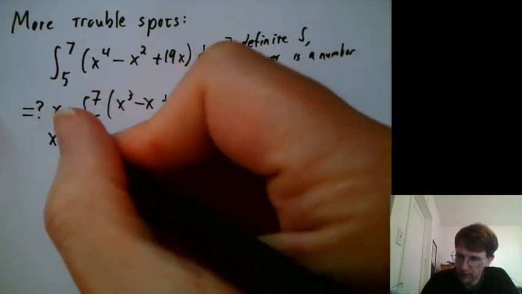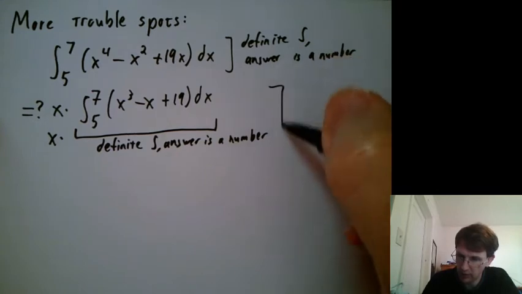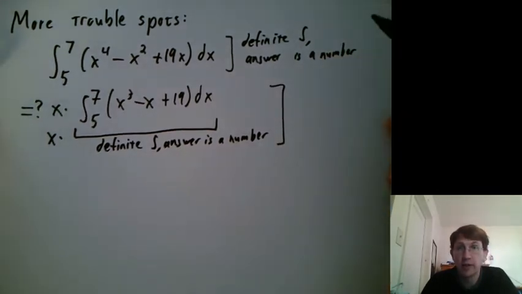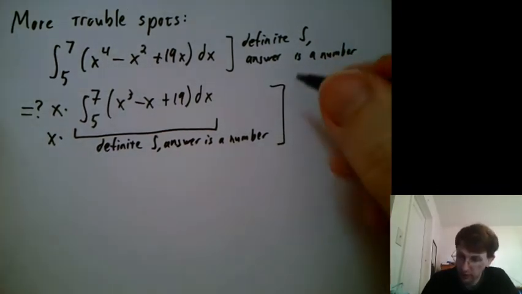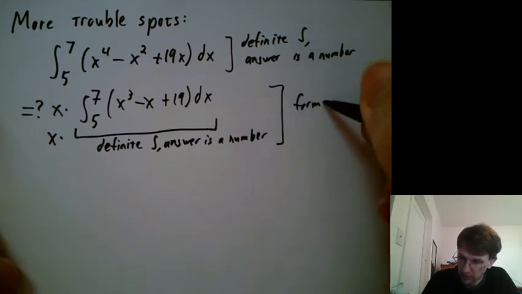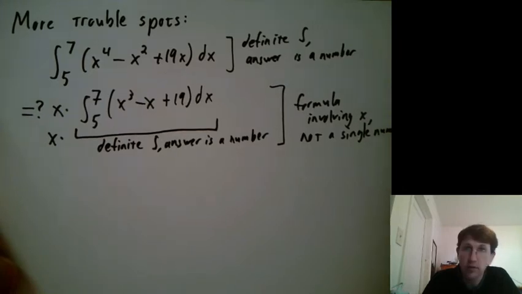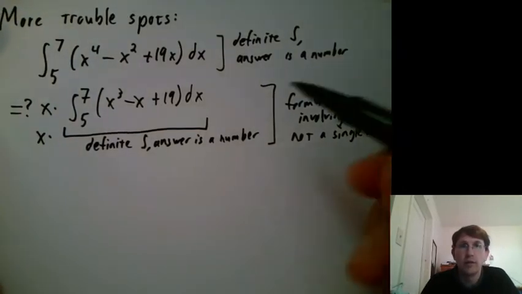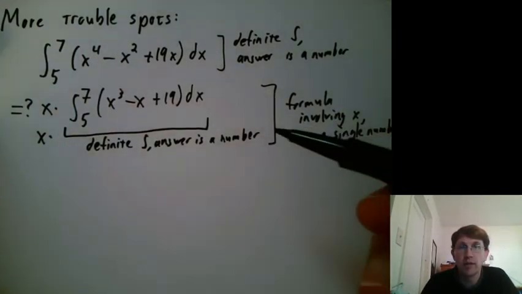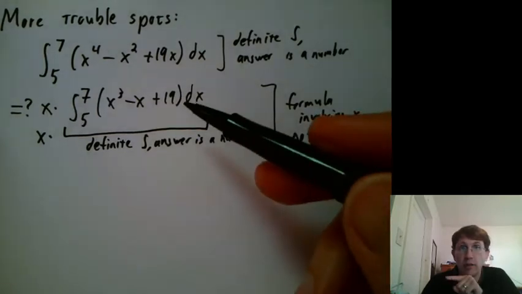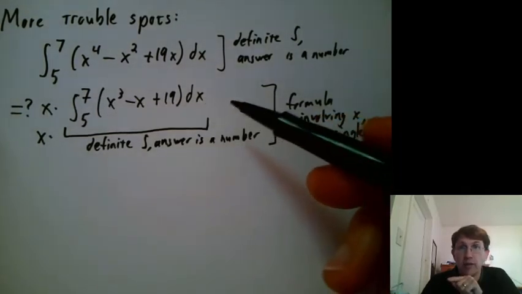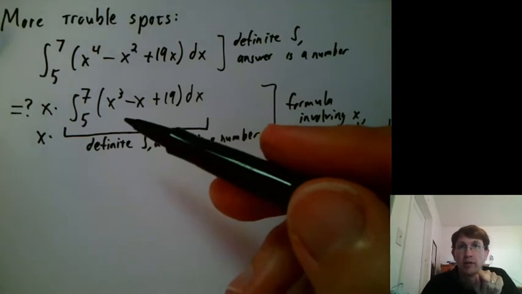But then we have x times that, so overall, this is a formula involving x. It's not just a single number. So these two things cannot possibly be the same. You can't factor a variable that's the variable of integration out in front of an integral.